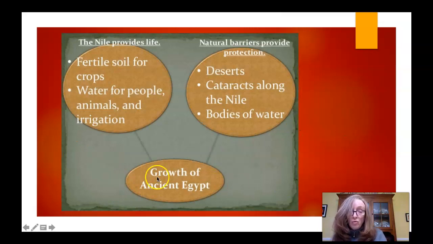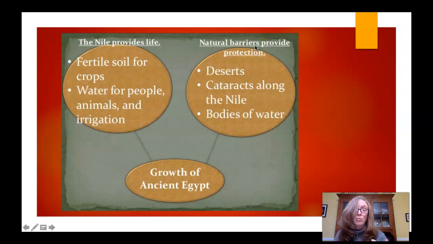So, the growth of Egypt really comes out of these two concepts, that the Nile River provides life because of that fertile soil for the crops and because of water. And the water allows for the irrigation, the water allows for people to consume it and animals as well. And then the second part of the geography is the natural barriers.